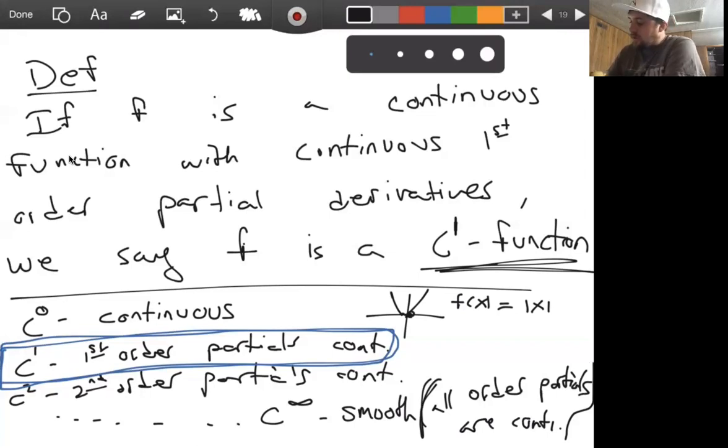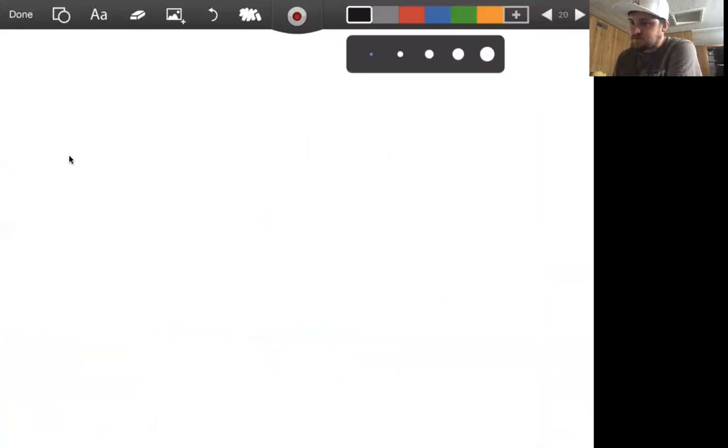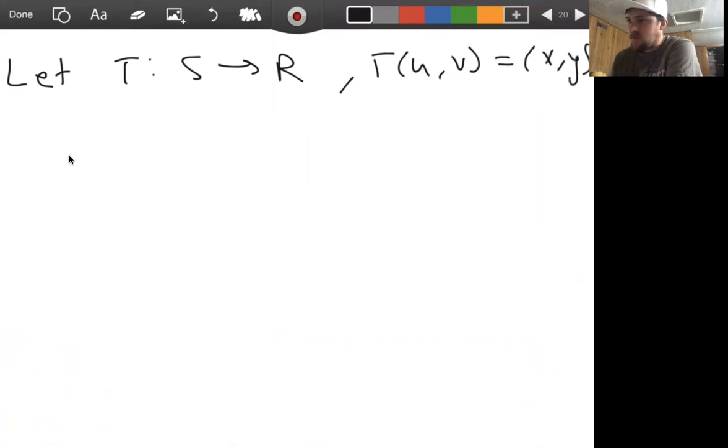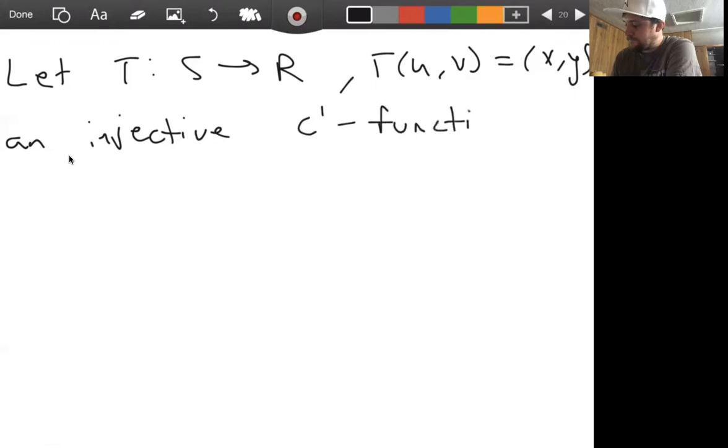So remember we know what an injective or one-to-one transformation is, and now we know what a C1 function, or a C1 transformation, is. So let's let T from S to R, given by T of uv equals xy, be an injective C1 function, or C1 transformation.